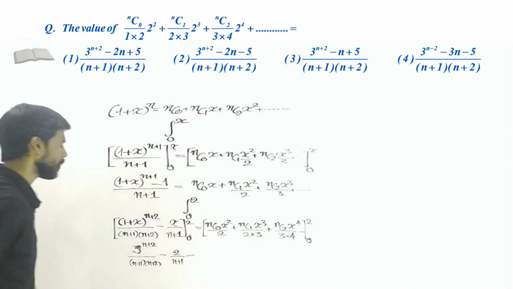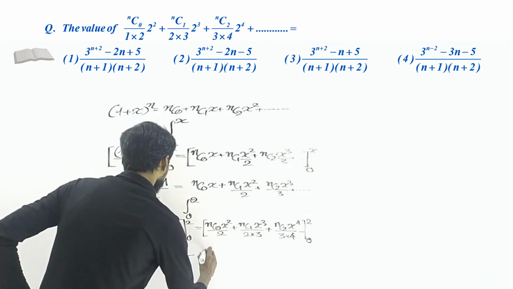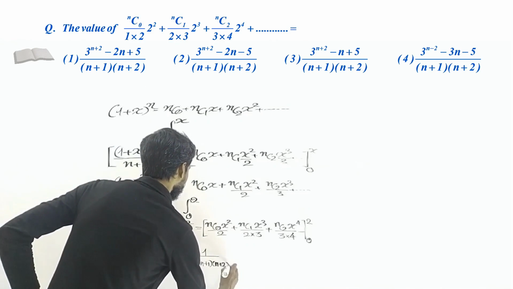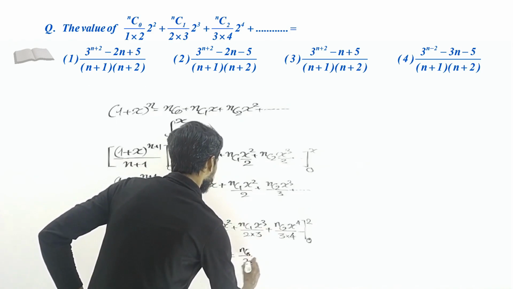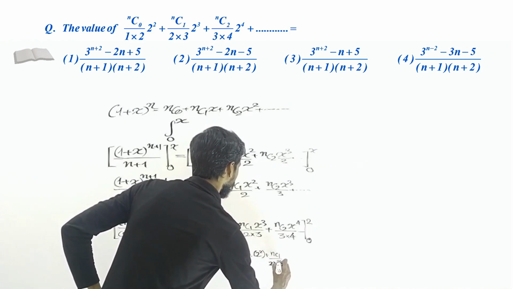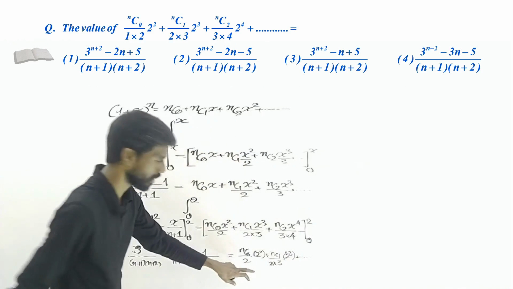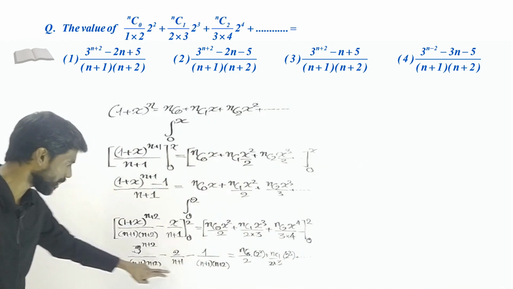Minus, if you substitute 0, we get 1 divided by n plus 1, n plus 2. That equals, if you substitute 2 here, nC0 divided by 2 multiplied by 2 square, nC1 divided by 2 times 3 multiplied by 2 cube, and so on. Actually that is what we want. This is what is asked in the question. So that means this is our required answer.